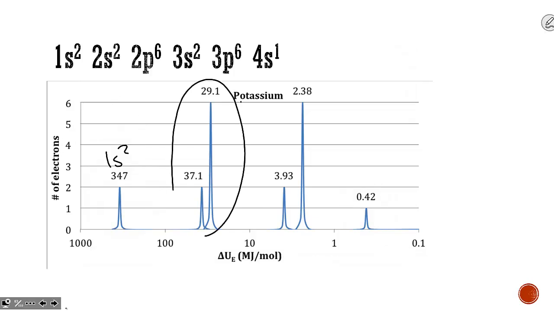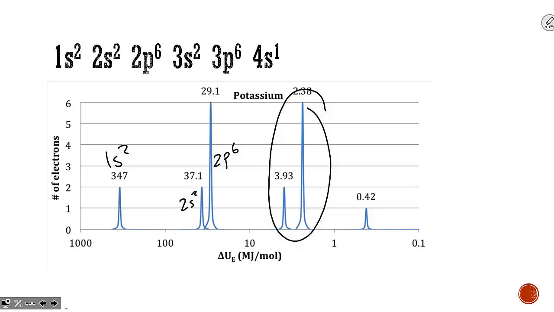These electrons are very near one another, so they must together make up a new shell that requires a little bit less energy to remove, so they're my second energy level. So this must be 2s2, 2 electrons filling it. This must be 2p6. These spikes are relatively near one another. 3 and 2 are way closer together than 3 and 29.